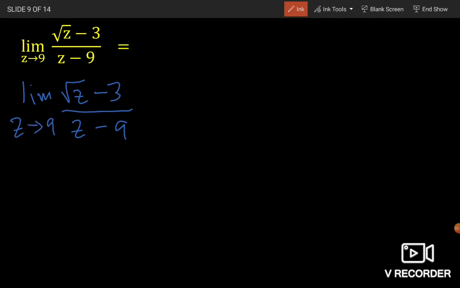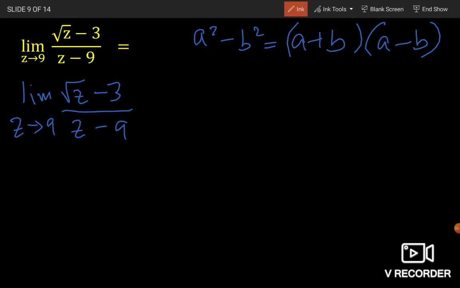If you recall, we have the difference of two squares. A squared minus b squared is equal to a plus b multiplied by a minus b. So the square root of z minus 3, we can treat this as a minus b.